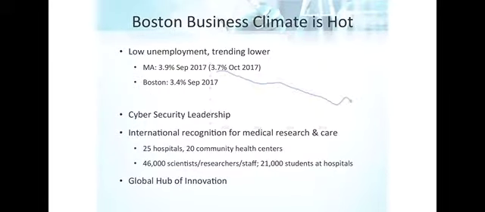So that's a lot. And if you look outside the life sciences, the Boston business climate is hot for other reasons. It has a low unemployment rate. It was reported in September that the Massachusetts unemployment rate was 3.9%. The Boston rate was 3.4%. And with the October Massachusetts unemployment rate being even lower, we would expect it to be even lower in Boston.